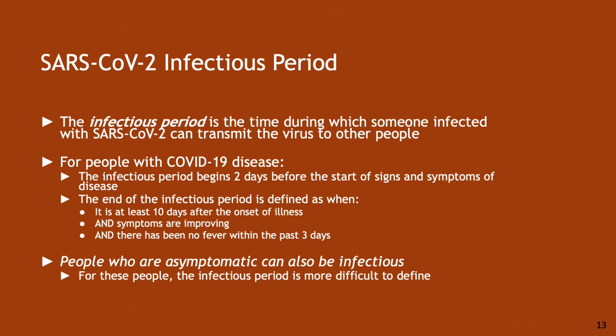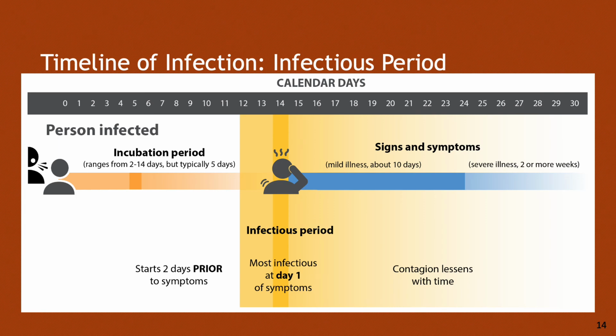The infectious period is the time when people can transmit the virus to other people, and the period starts 2 days prior to the person getting symptoms, and it goes until the person has no more symptoms.